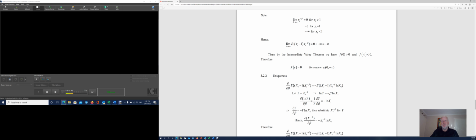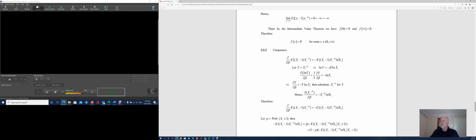So let y equal x to the minus b; the log of y is minus b log of x. The change in log of y over the change in b is 1 over y times the change in y over the change in b, which equals minus log x. So the change in y over the change in b is minus y log x. Substituting it in, we get this expression, and we've proved that this is the derivative.